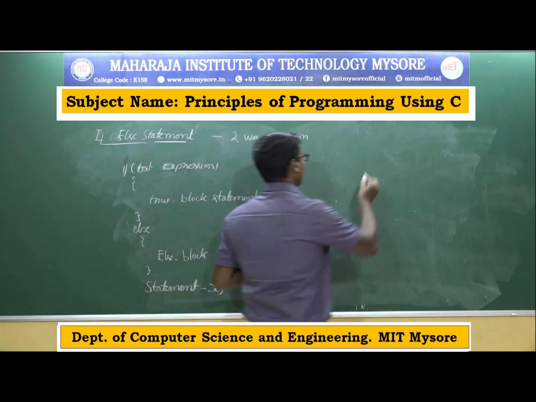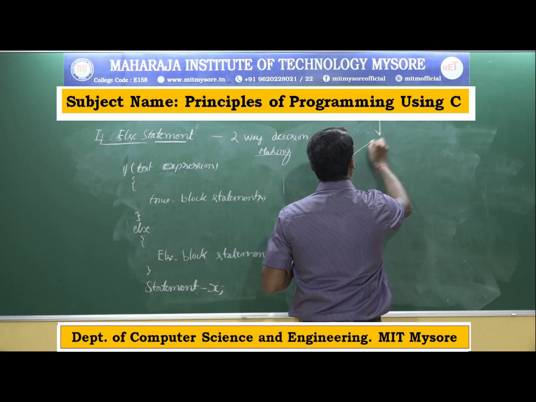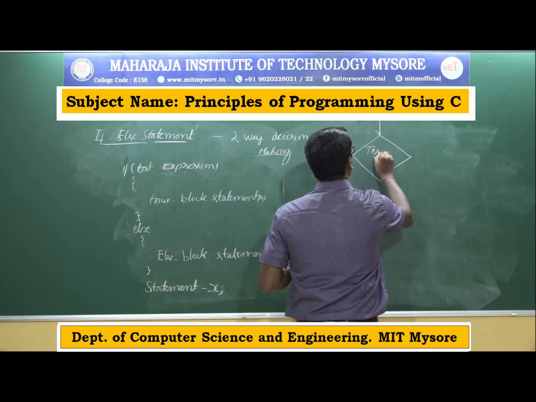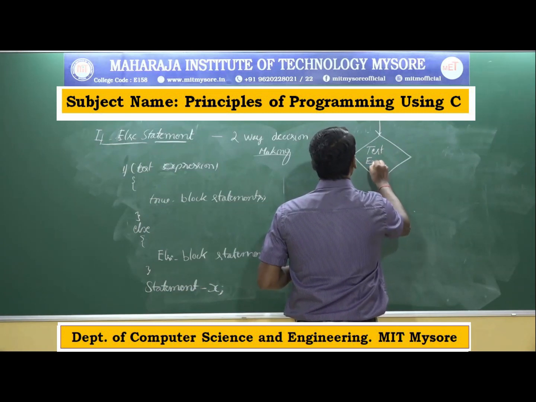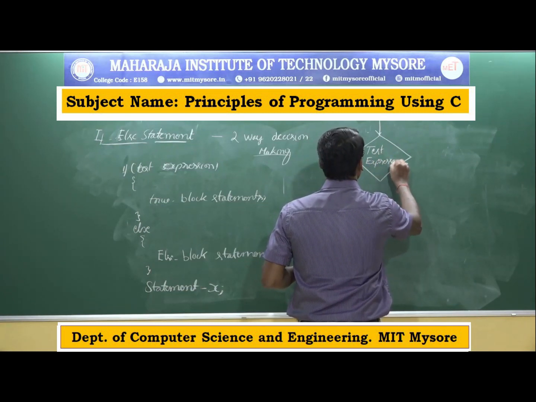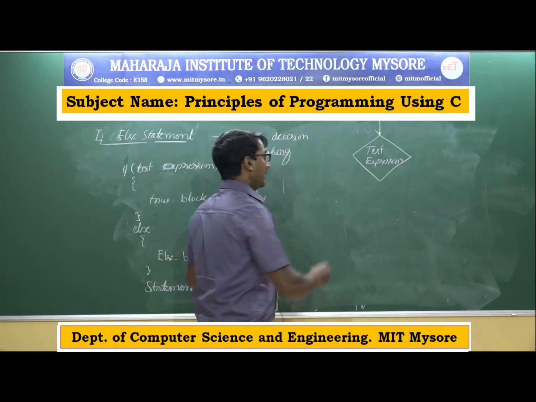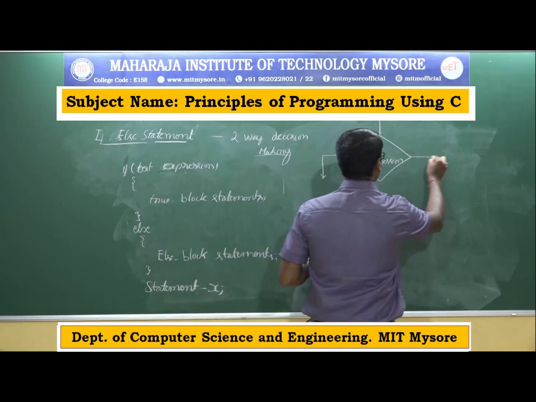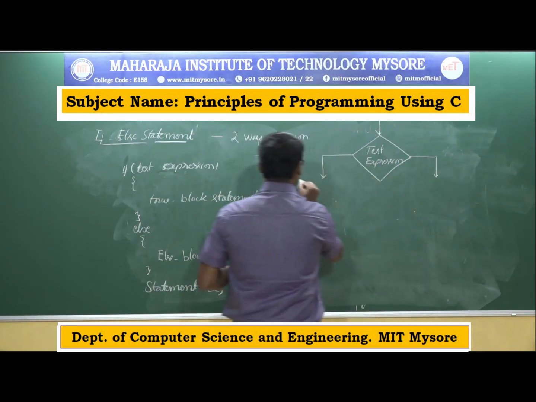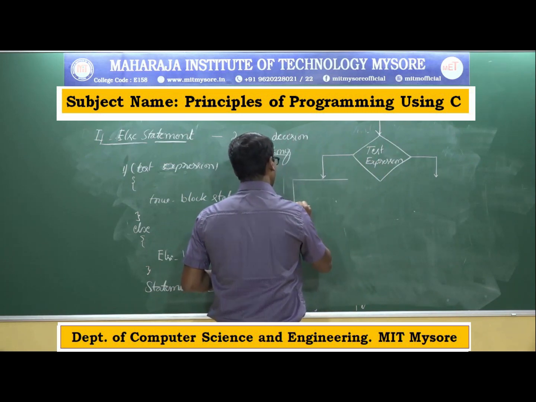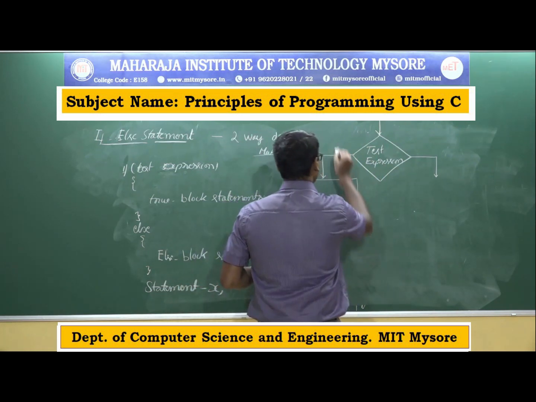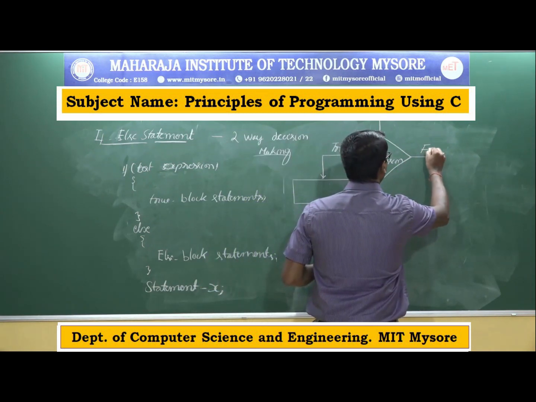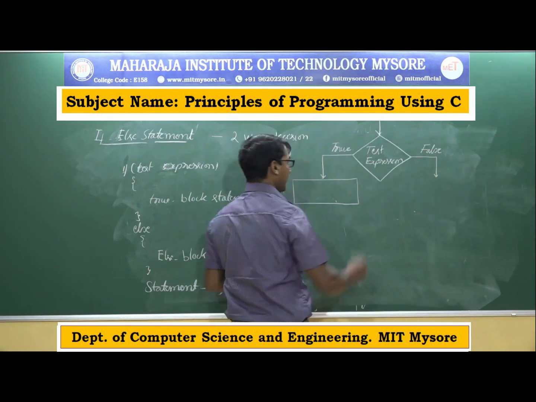Next is the flow diagram. Here first is the test expression. It has two options, two alternates: a true alternate and a false alternate.